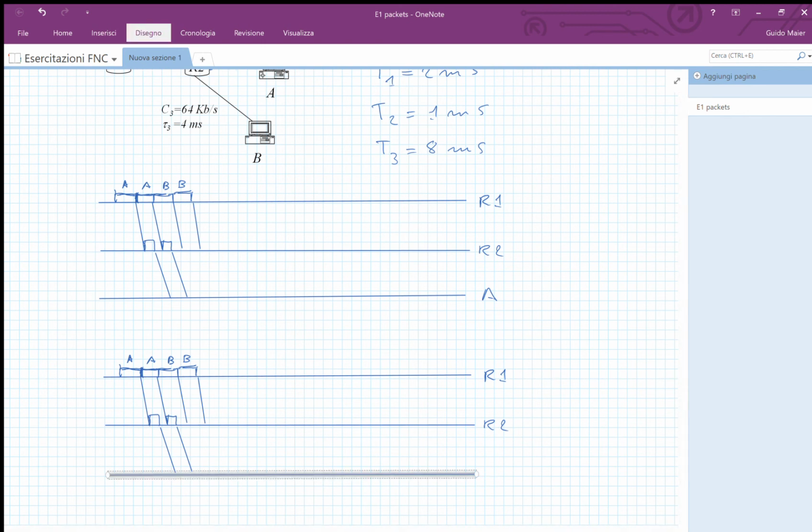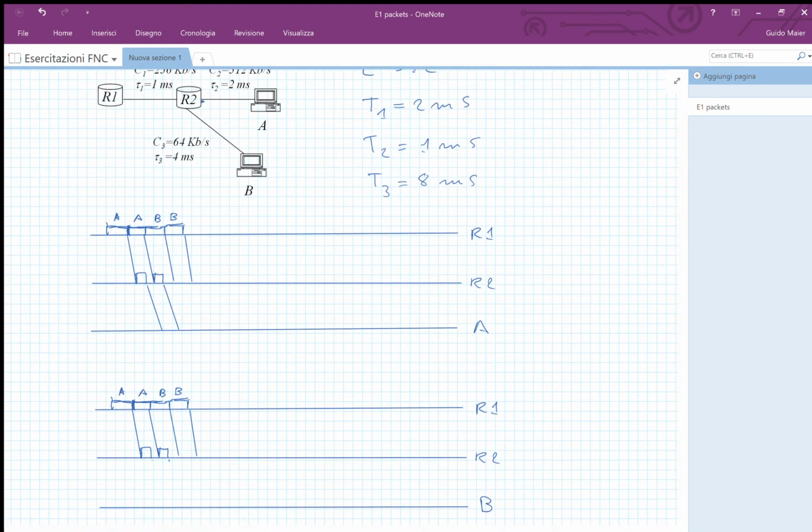This time we have now B. I'm not interested in these two packets anymore because they were queued in a different output queue, but I have to take care about the packets that are going to B. And the transmission speed of interface C3, which is the one that is connected to B, is only 64 kilobits per second.